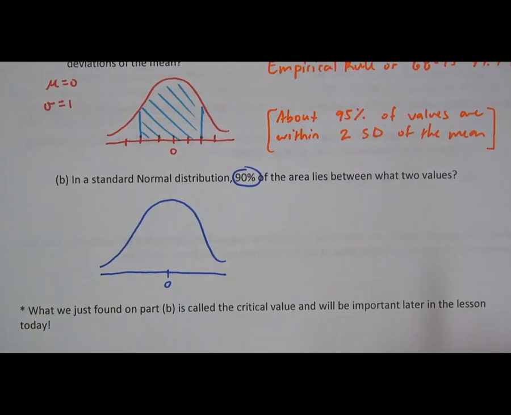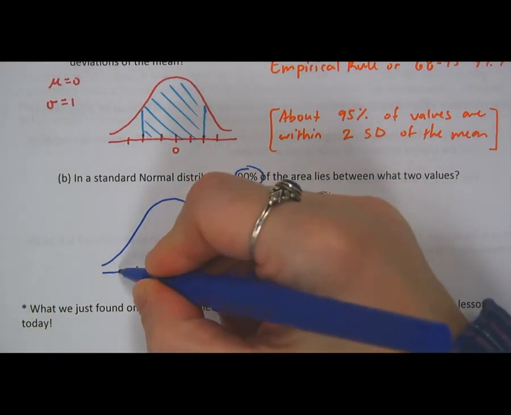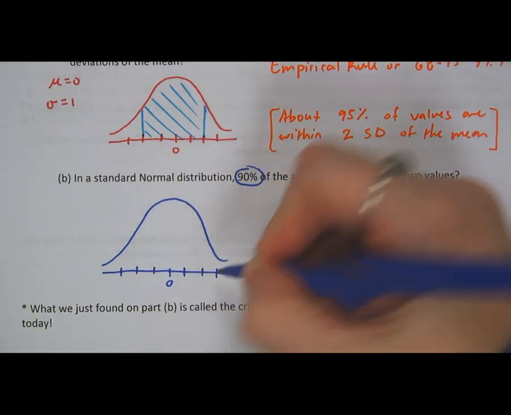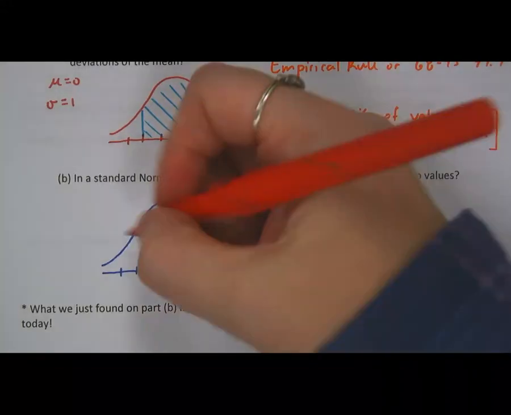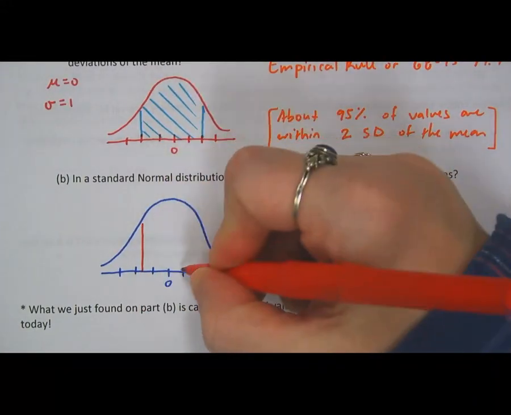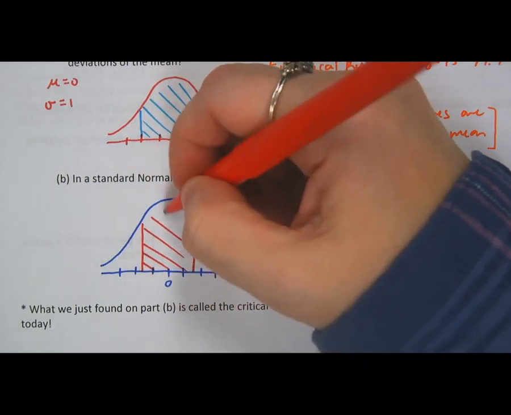90%. So here's the deal. I can kind of estimate it using the empirical rule. I know that 90 is somewhere between, it's going to be probably between 1 and 2 standard deviations of the mean, if I'm just using estimation skills here.